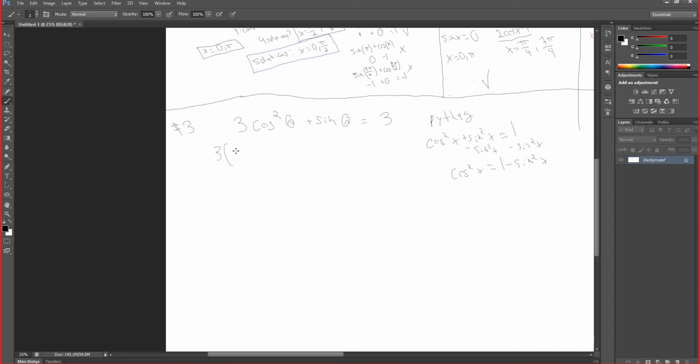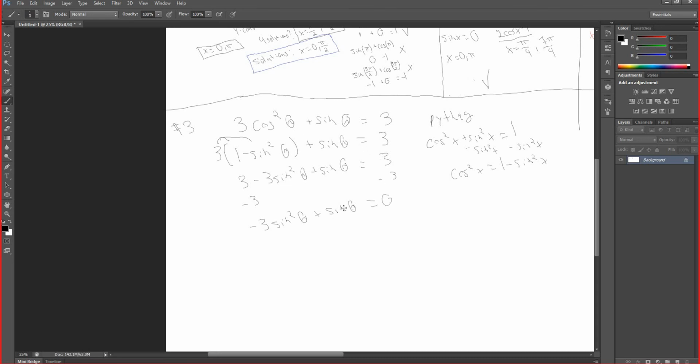So I have 3 times 1 minus sine squared theta plus sine of theta equal to 3. My next step is just distribute. So I have 3 minus 3 sine squared theta plus sine of theta equals 3. I can then subtract 3. So I'll have negative 3 sine squared theta plus sine of theta equal to 0.